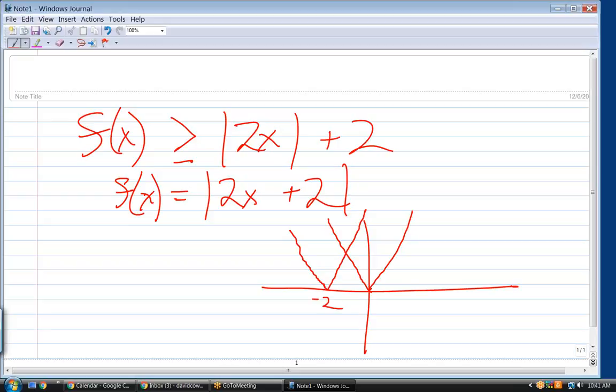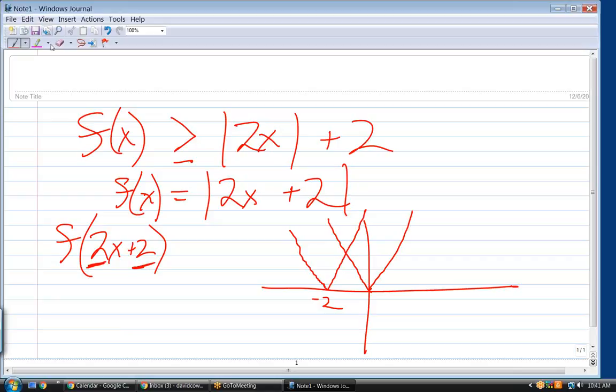Oh, okay, so it just moves horizontally when it's inside. Right, exactly. I would write that as f of 2x plus 2. So it's inside, both adjustments are inside the parentheses. That makes that a horizontal shift and that makes that a horizontal shrink.